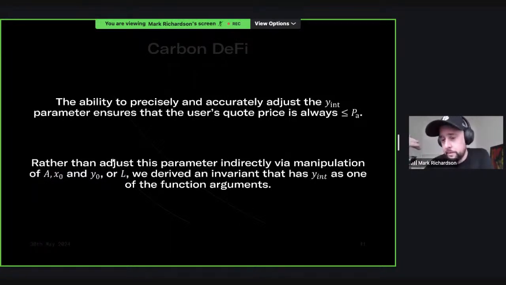But it's hard, right? And you don't want to do a hard thing. And also, you don't want to calculate anything. You don't want the smart contract, with something as sensitive as price quoting, to have any opportunity for error. You need to get the margin for error down to 0.